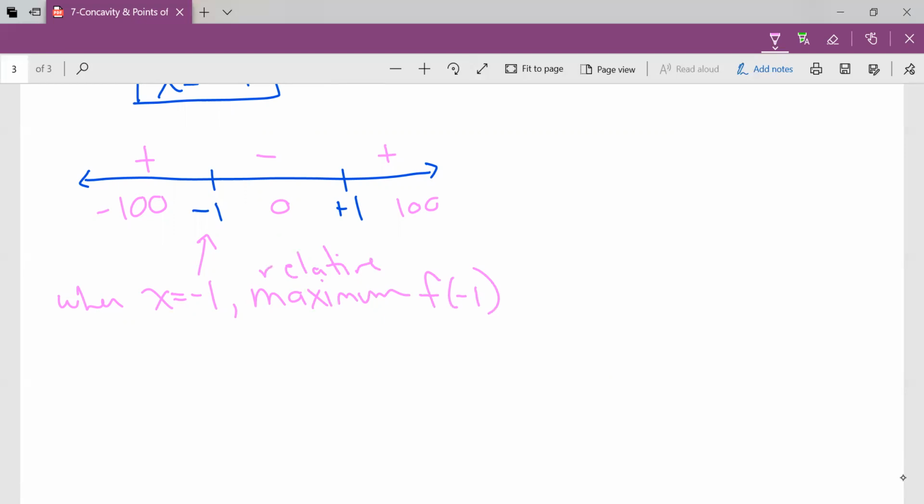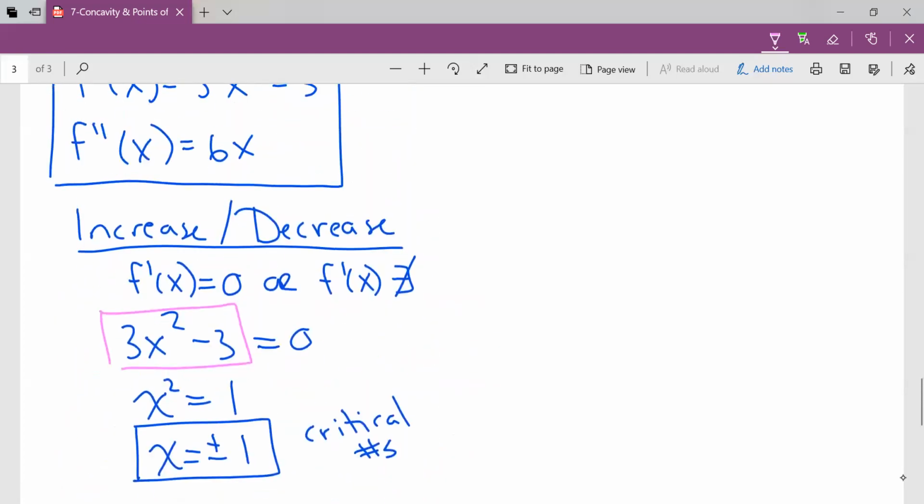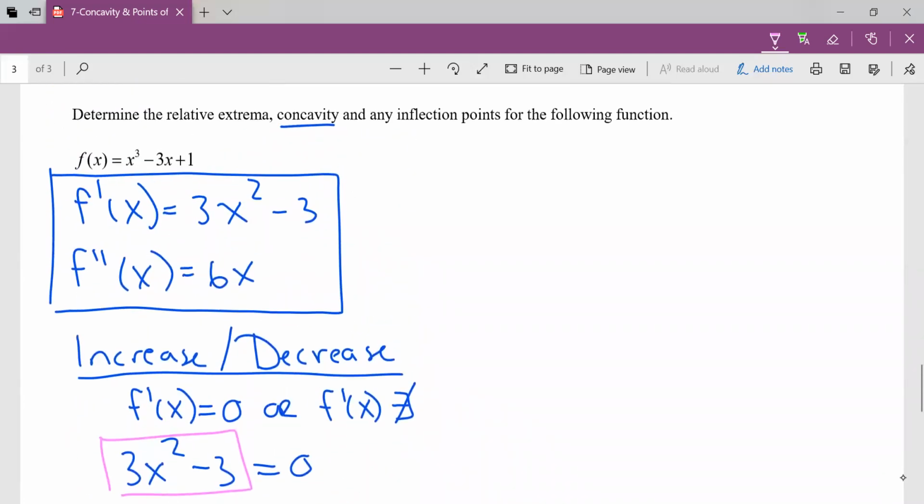Then at +1, we go from decreasing to increasing. So when x is equal to +1, we have a relative minimum. And we could find those values by subbing them back into the original function right here.